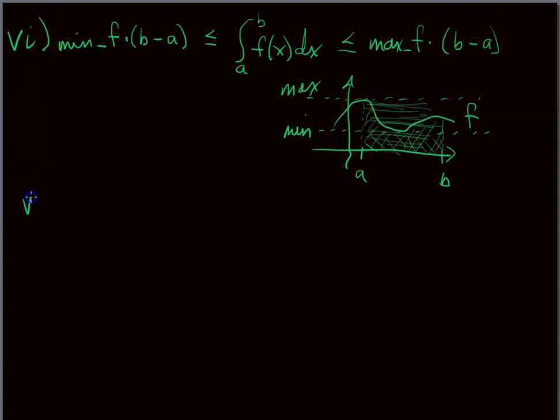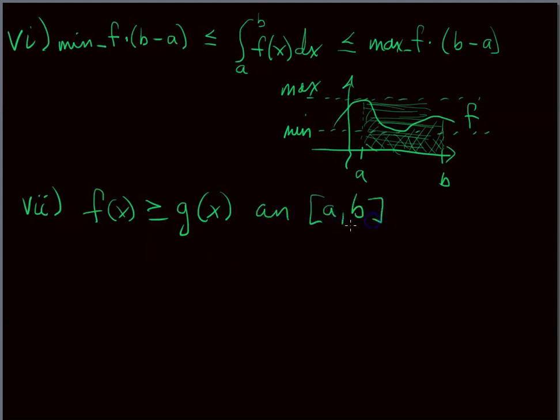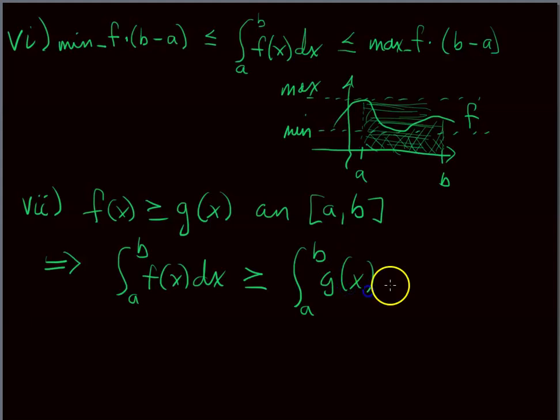And number 7, if the function f of x is greater than or equal to g of x on some closed interval from a to b, that implies that the integral from a to b of f of x dx is greater than or equal to, not less than or equal to, the integral from a to b of g of x dx.